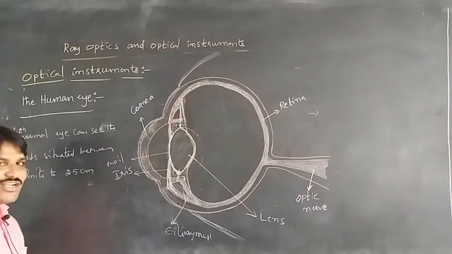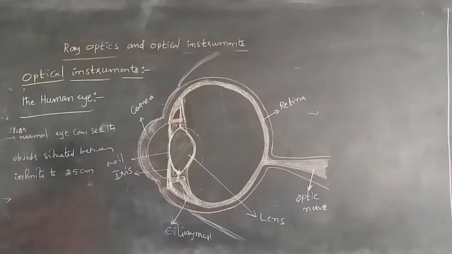The ability of the eye to change the focal length of the lens is called the power of accommodation.